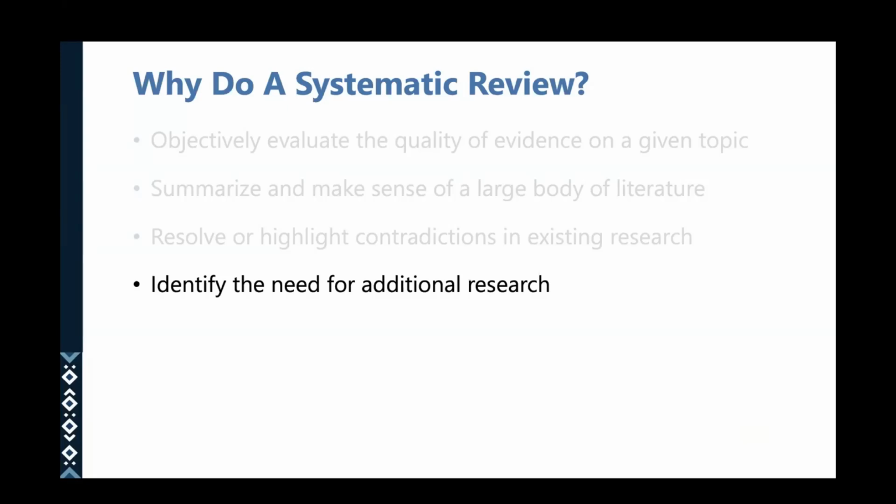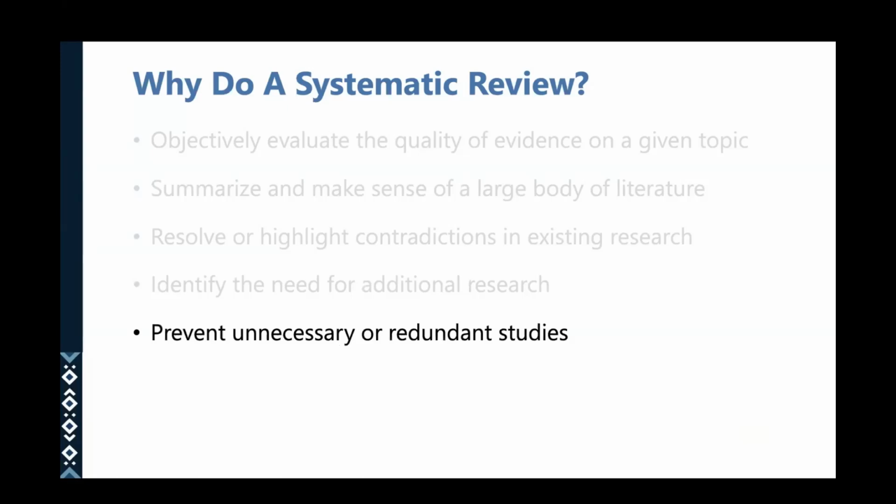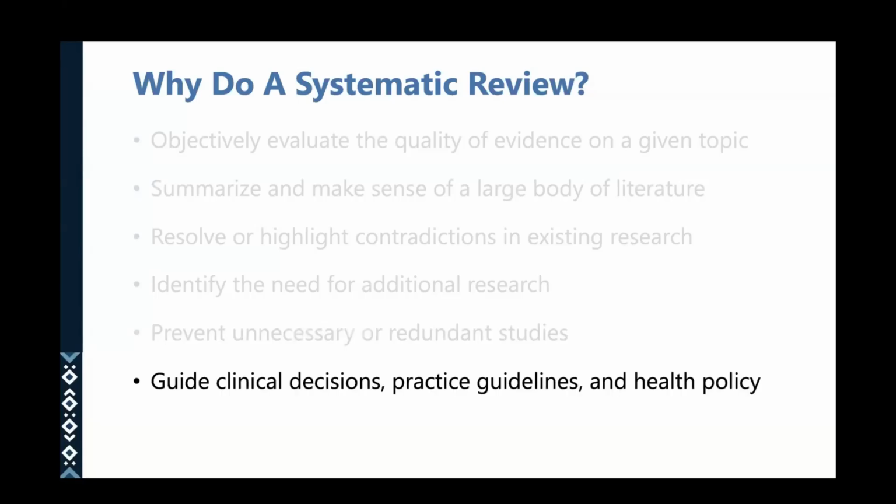So for a very strong grant application, you and the team might want to start by conducting a systematic review to lay out the landscape of the evidence and to demonstrate that there is need for further research as identified by your systematic review. Systematic reviews also prevent unnecessary or redundant studies. If a systematic review has been done and the evidence from that review is clear and very robust, then you have no need to conduct another study for it.